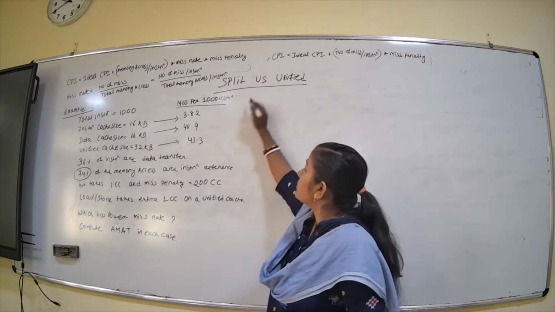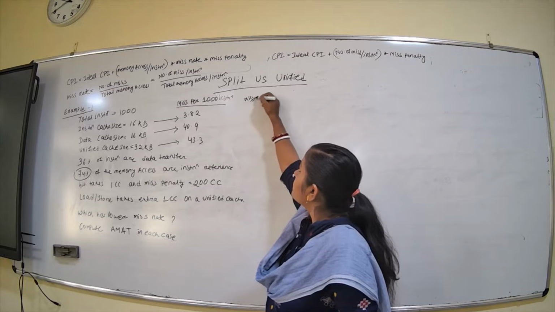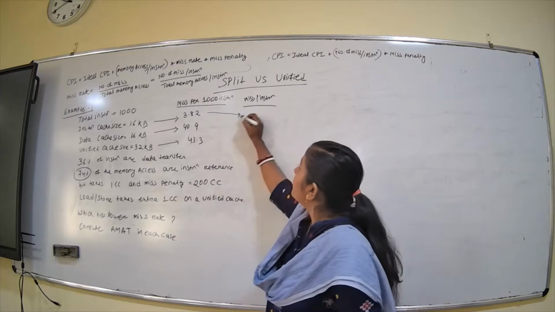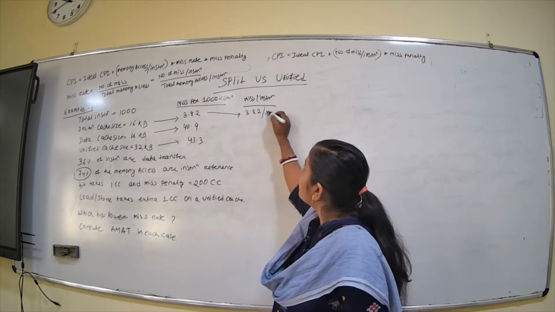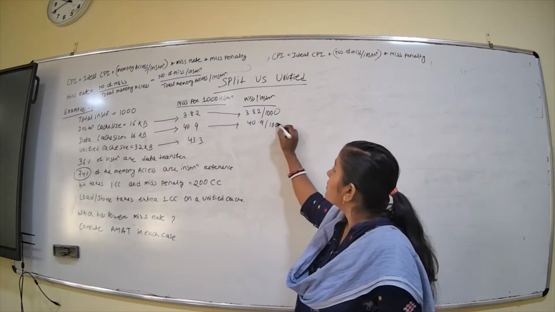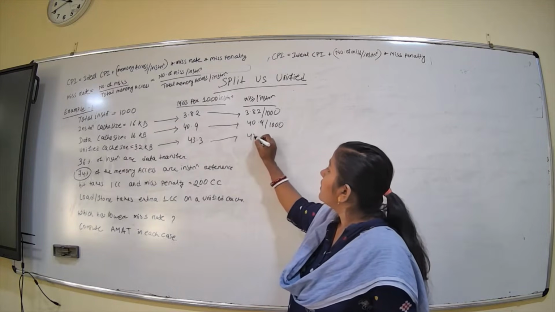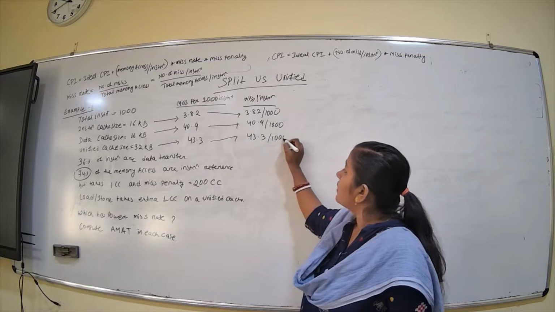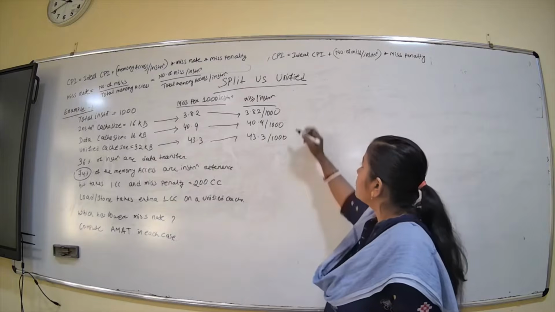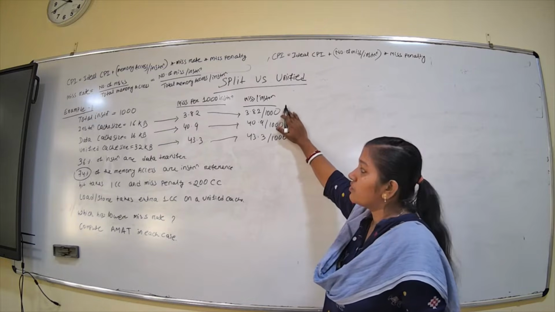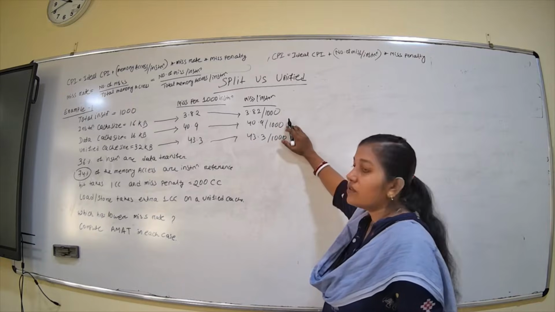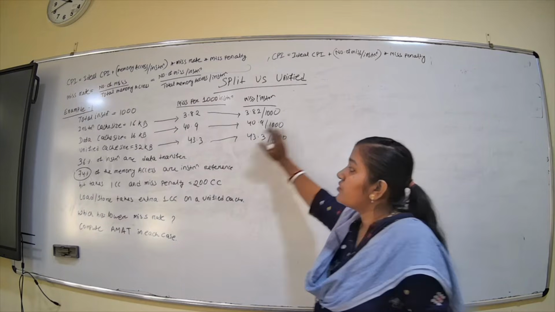As it is giving misses per 1000 instructions, what is the miss per instruction? 3.82 by 1000, 40.9 by 1000, 43.3 by 1000. First of all, we will calculate the miss rate. This is the miss for the instruction cache, this is for the data cache.